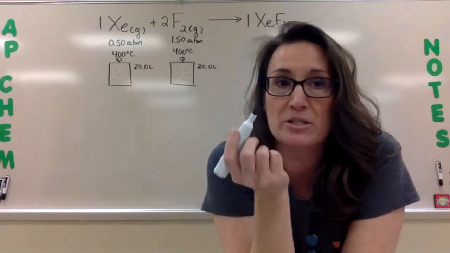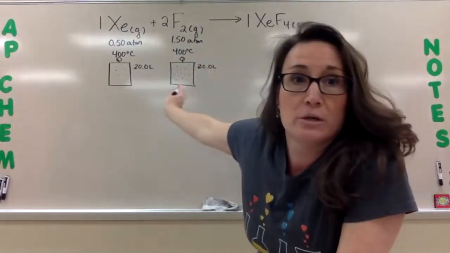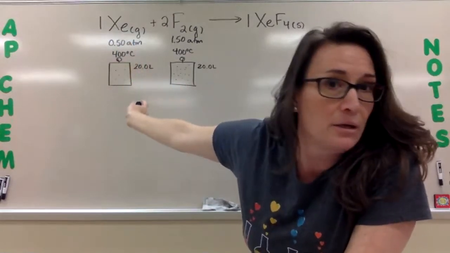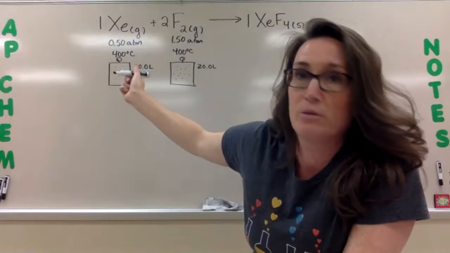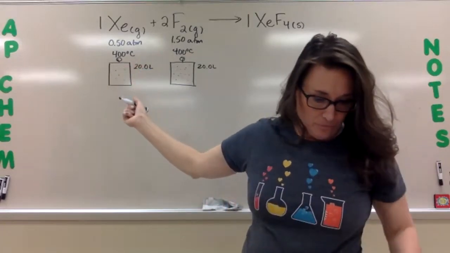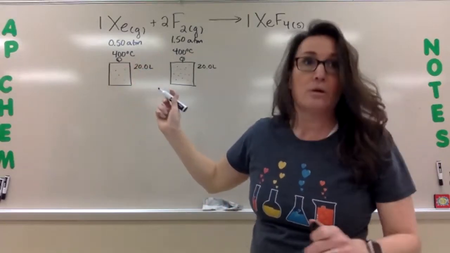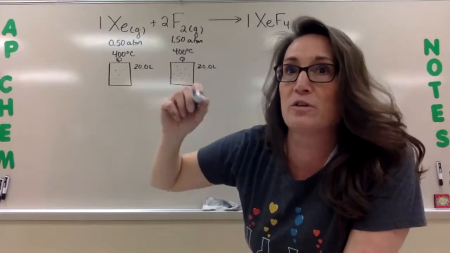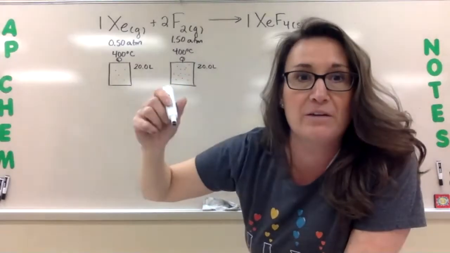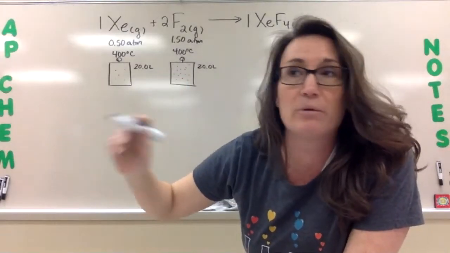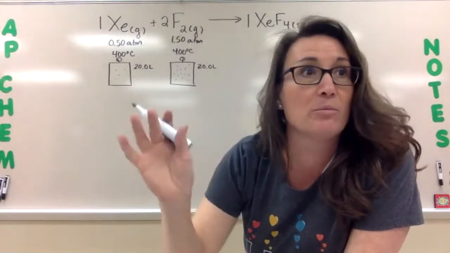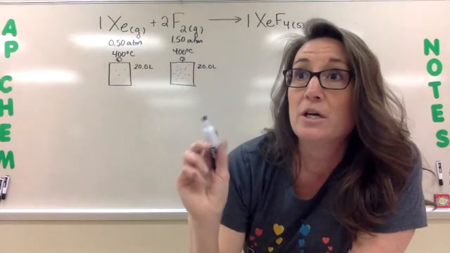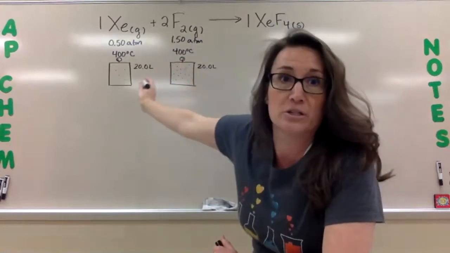So quickly, the ratio is 1-to-2, and the pressures are 1-to-3. So who do we have more of than we need? We have more fluorine gas than we need, okay? So if it was the right ratio, it would be 0.5 and 1. And that would make it all completely consumed, okay? But either way around, you could have still used the 0.5. So the whole point here is we need that pressure, okay?